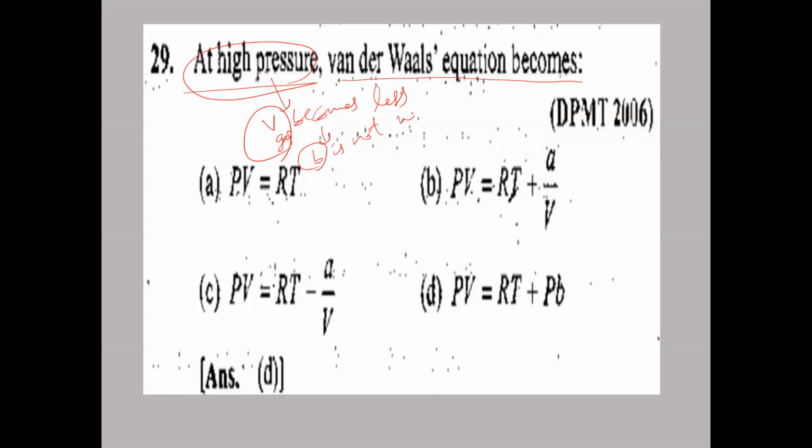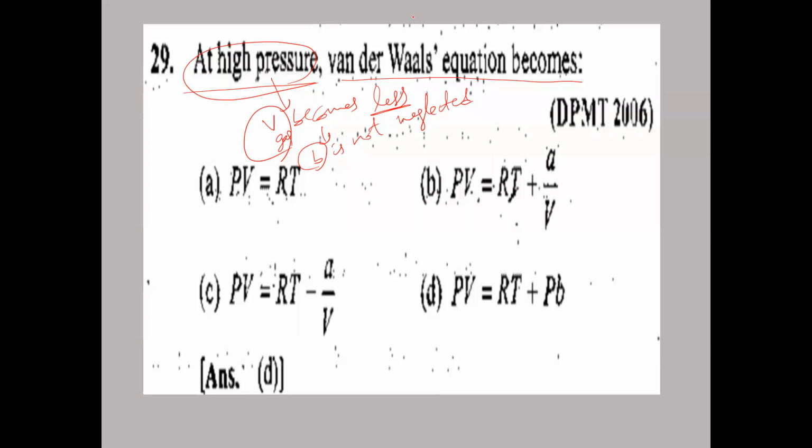B can be neglected only if the volume of gas is very much larger than B. But here the gas volume is becoming lesser because of high pressure. When you apply high pressure on the gas, the volume of gas becomes less.